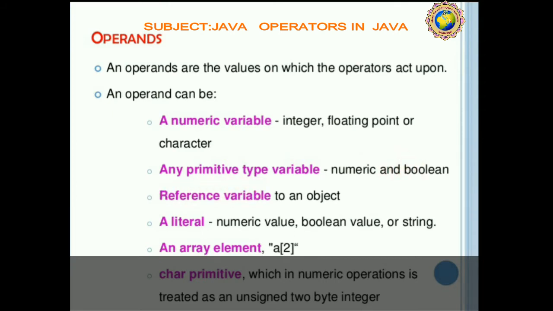Reference variable, that means object. Literal, that is the numeric value, boolean value, or string, which we have already seen. And array element, that is a[2]. a is the name of the array, and 2 is the index. Next, character primitive, which in a numeric operation is treated as an unsigned 2-byte integer.